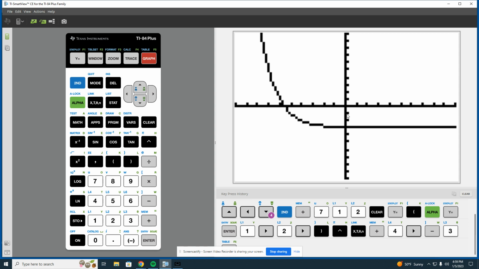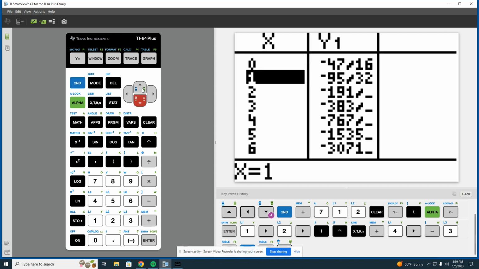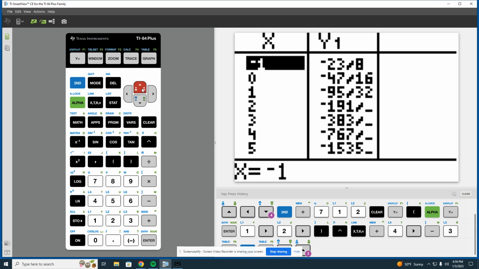Sure enough, see how it lowered your asymptote down here to this negative 3? Now I know it looks like it's right on top of it, but remember, your calculator only has so many pixels. So obviously we're not able to see exactly what that is. So let's go look on our table. Second graph. And sure enough, we got some nasty decimals here. So I'm going to type these in, see exactly what they are.